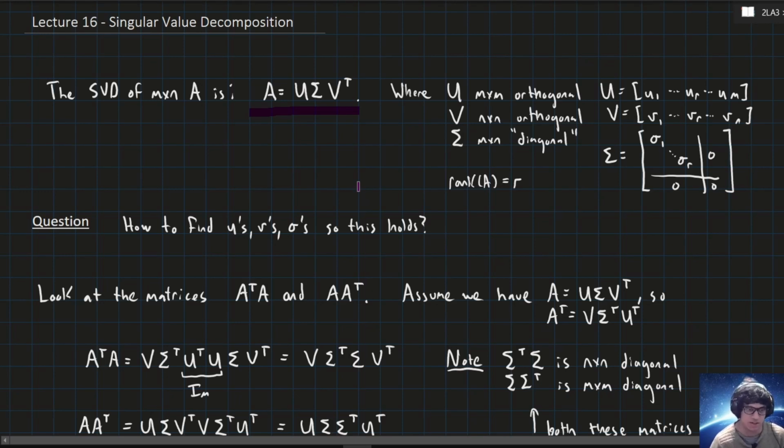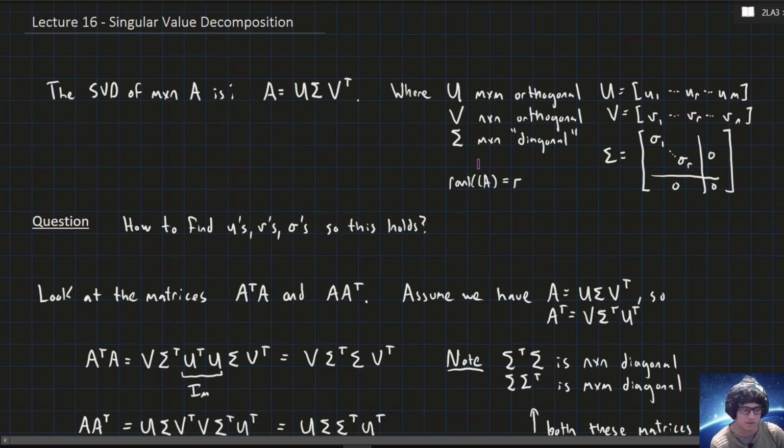In the previous section, we showed that it's helpful to chop up the basis for Rm and Rn into the basis for the null space of A and the null space of A transpose, and the basis of the column space and the row space, which are the U1 through UR and the V1 through VR.